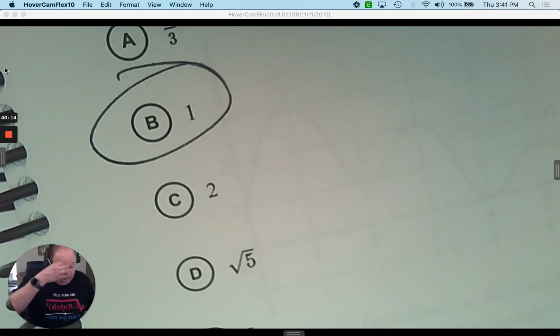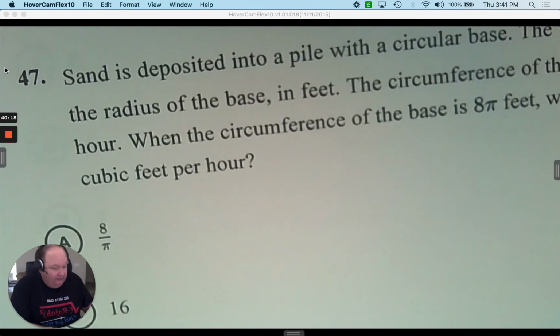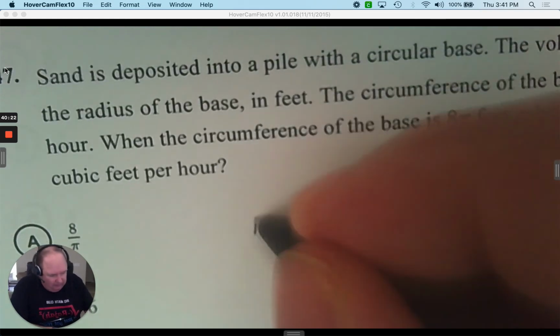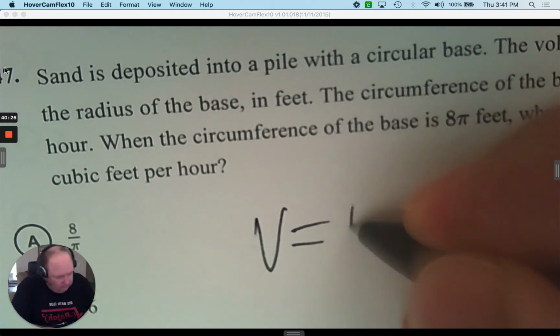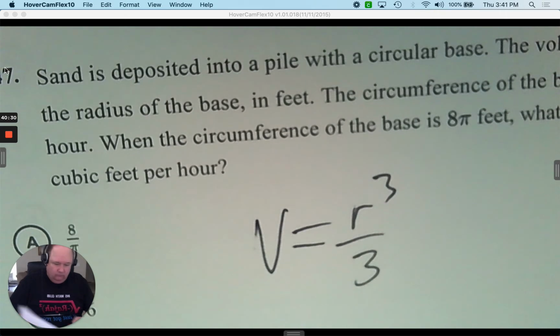All right, number 47. 2 left. Sand is deposited into a pile with a circular base. The volume of that pile is r cubed divided by 3. It says r is the radius of the base in feet.